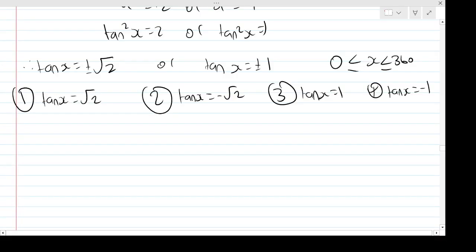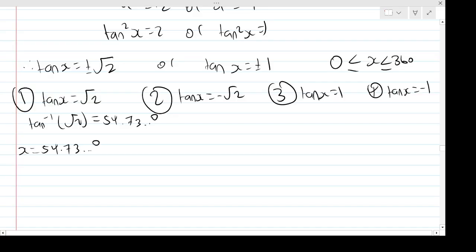Okay, so firstly, tan x is root 2. If we do inverse tan, we get 54.73 blah blah blah degrees. So the first solution would be x is 54.73.